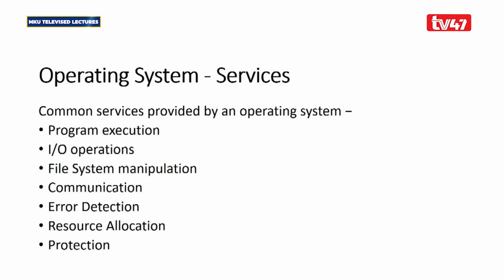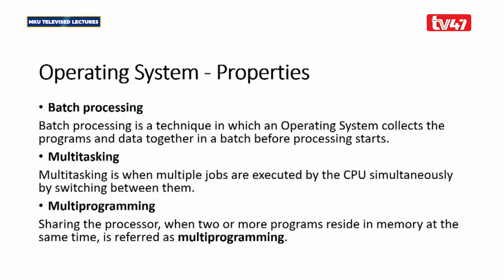Now, what are some of the operating system services that the OS offers us? One is program execution. Two is input and output operations. Three is file system manipulation, communication, error detection, resource allocation, and protection. Then there are other operating system properties that we need to learn.